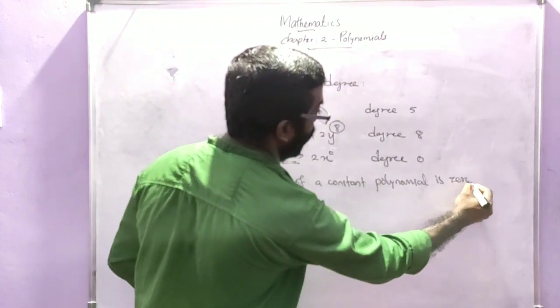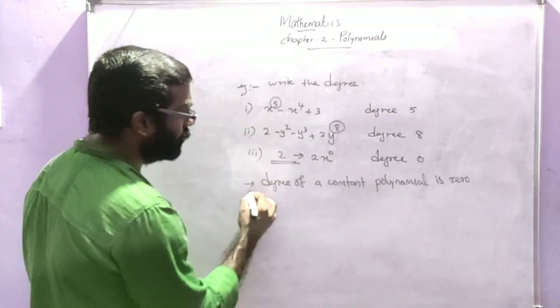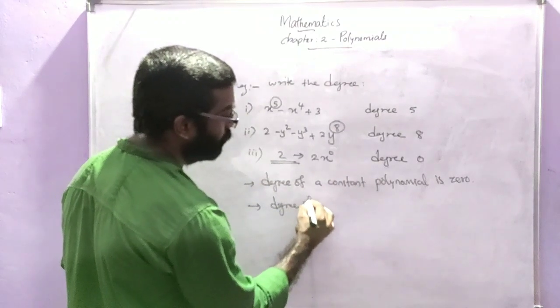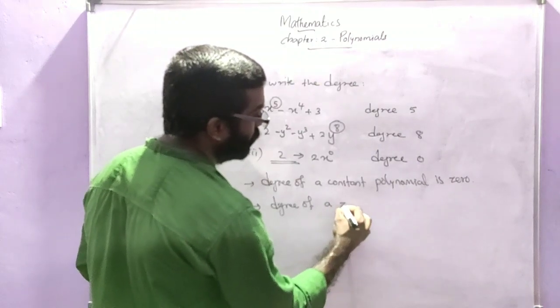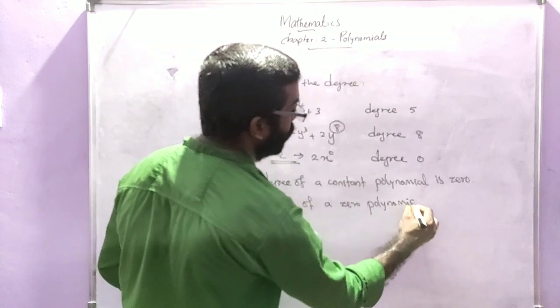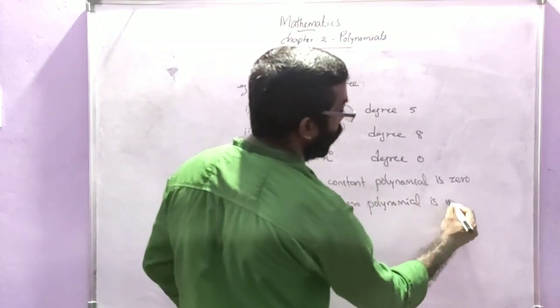And the second one is the degree of a zero polynomial is not defined.